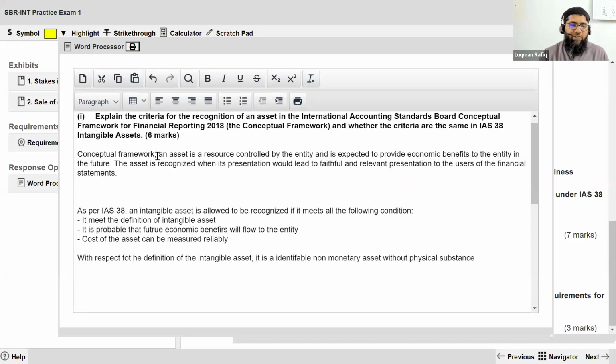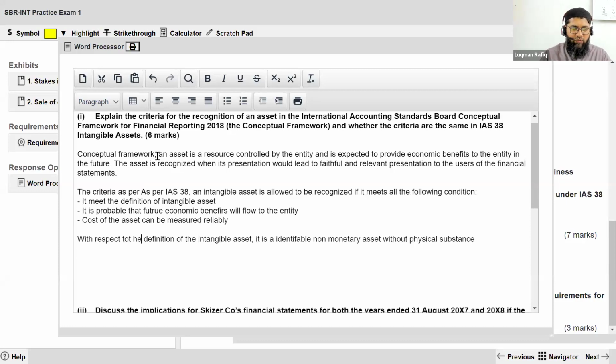Now, the criteria as per IAS 38 Intangibles are so and so.